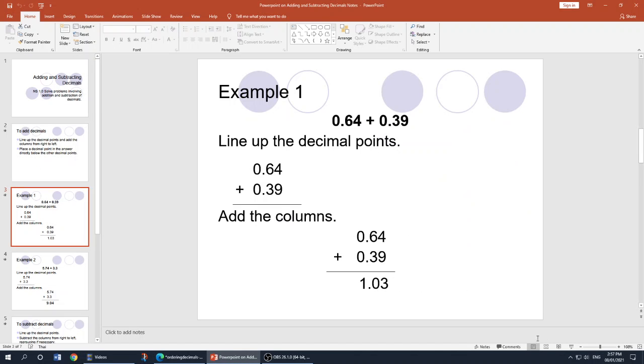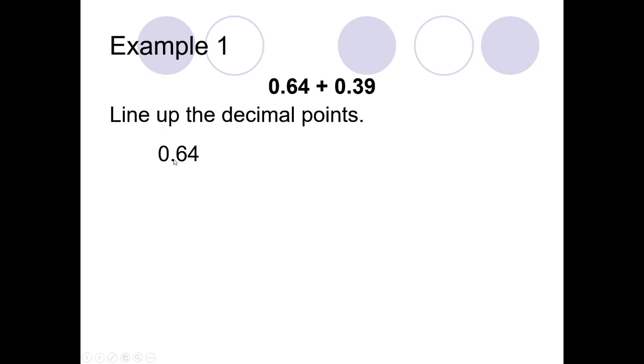And now let's very quickly run through adding and subtracting our decimals. Now, adding and subtracting our decimals, again, we will need to line our numbers up by the decimal point. So here we've got 0.64 plus 0.39. And we need to put them on top of each other by our decimal point.